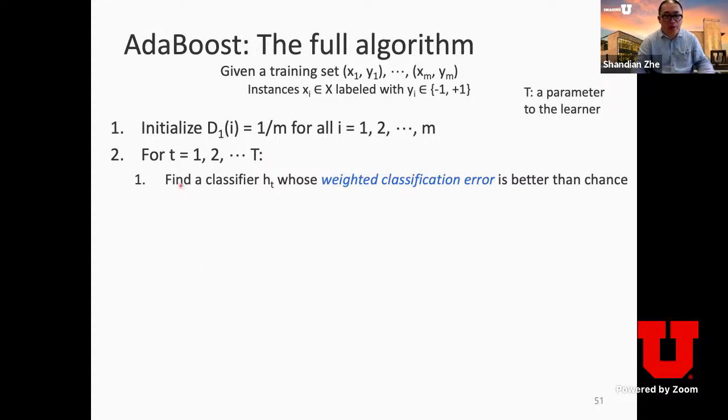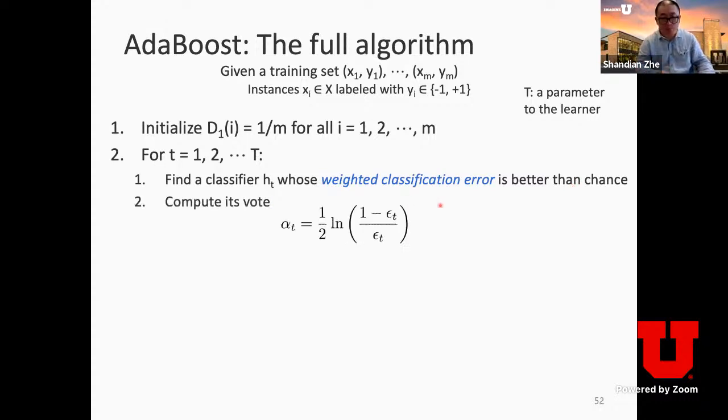Inside each iteration, small t, we find a weak classifier h_t whose weighted classification error is computed based on the sample weights, rather than just the naive fraction of errors. It must be better than chance, meaning the weighted error must be less than half.